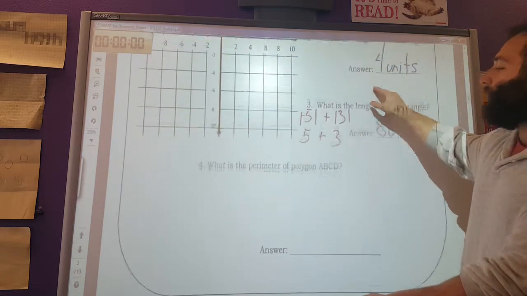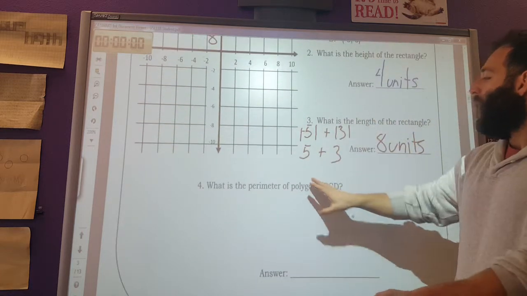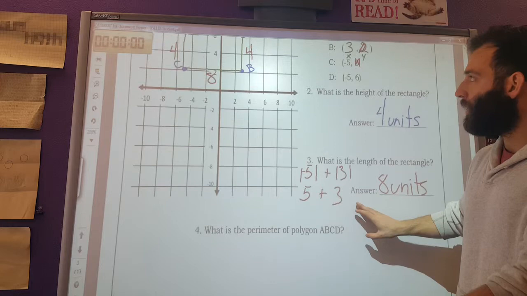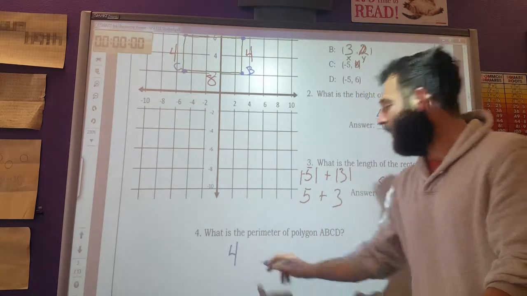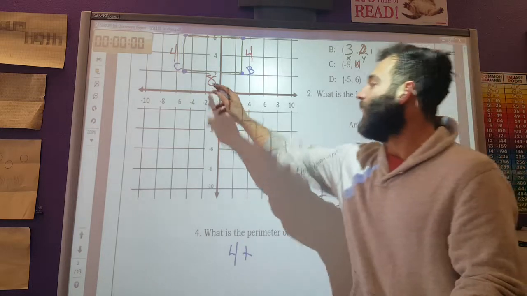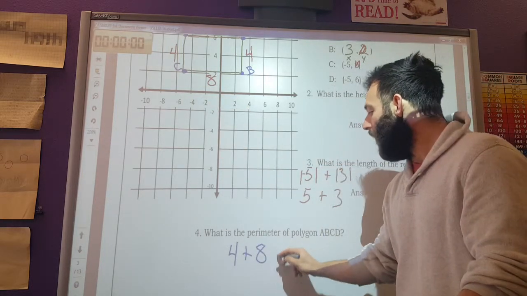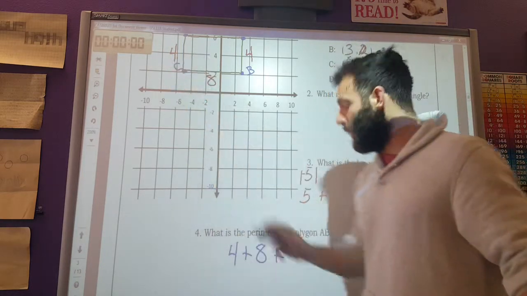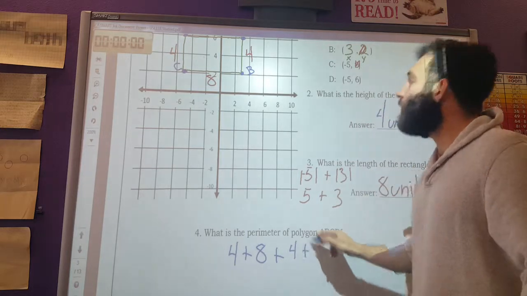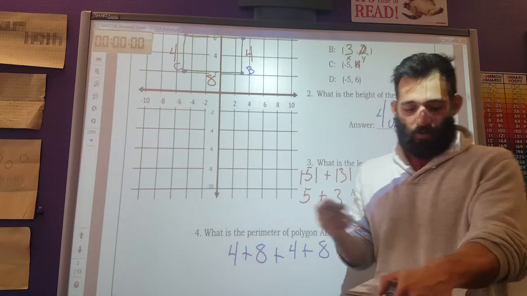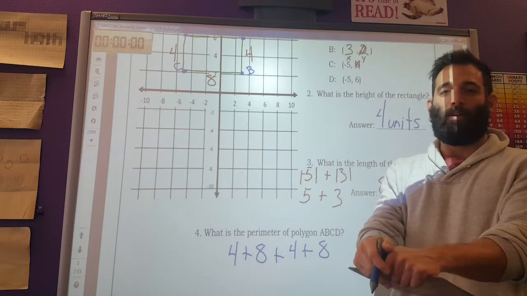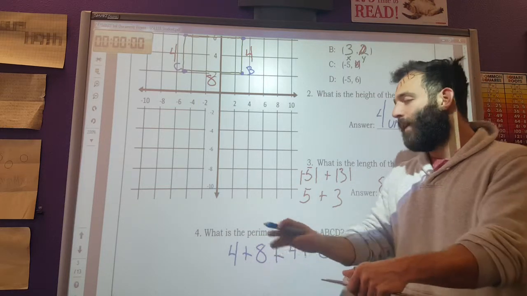And number 4 is asking me to find the perimeter of the polygon. Well, I see that I have a height of 4, a length of 8, another height of 4, and then another length of 8. And I can add those all up and find the perimeter. Take about 10 seconds to do that.